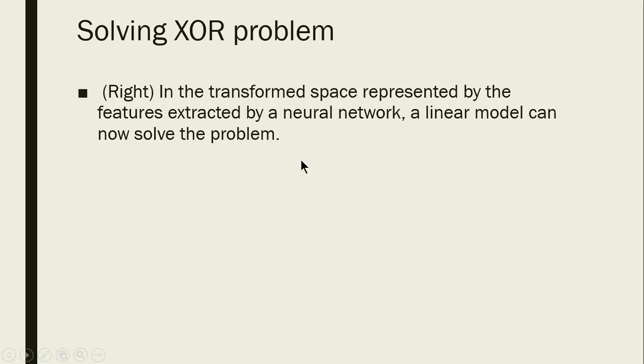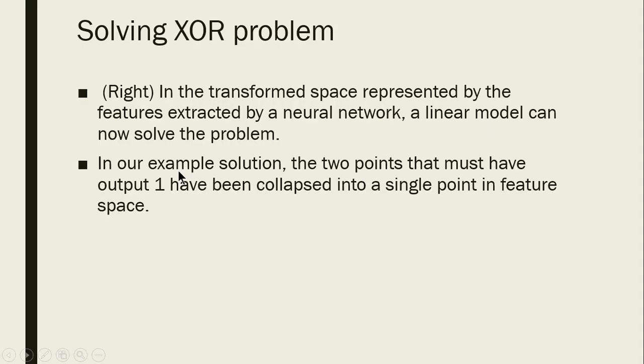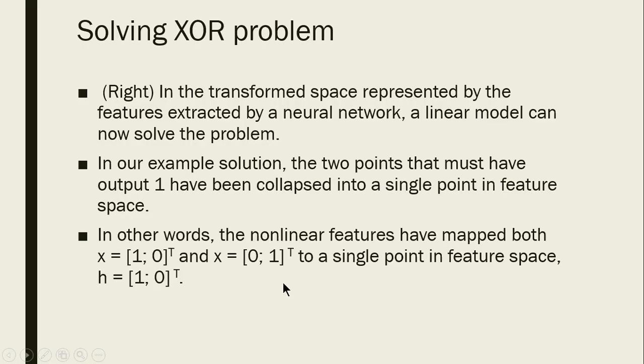The right-hand side shows that in the transformed space, represented by the features extracted by a neural network, a linear model can now solve the problem. That means after transforming into H space, we are able to use a linear model to solve the problem. In our example solution, the two points that must have output 1 have been collapsed into a single point in the feature space.